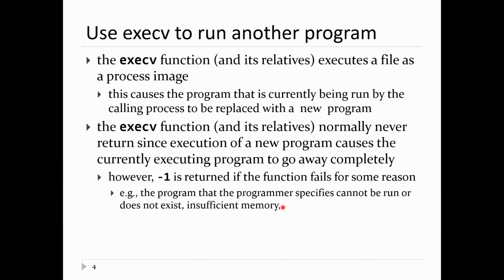For example, if you give it an incorrect program name, or a program name that can't be run because it's not readable or executable, it can fail. Things like running out of memory can also cause the function to fail. In those cases, the current program is not replaced, and -1 is returned back to the current program. But normally, you don't check for the return value on this function.